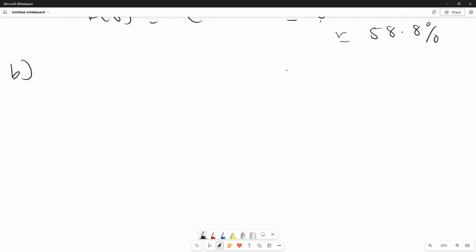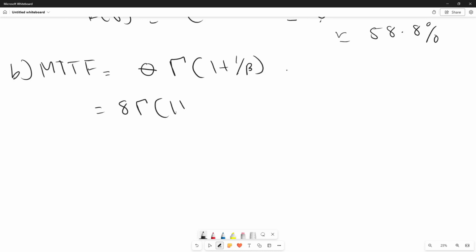B, mean time to failure. This is given as this formula: theta times gamma function of 1 plus 1 over beta. So this is 8 times gamma function of 1 plus 1 over 2.2, which is 8 times gamma function of 1.45.